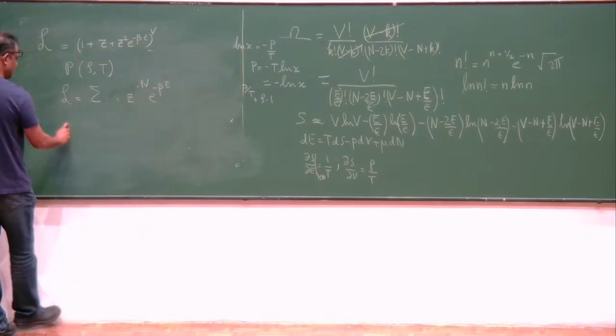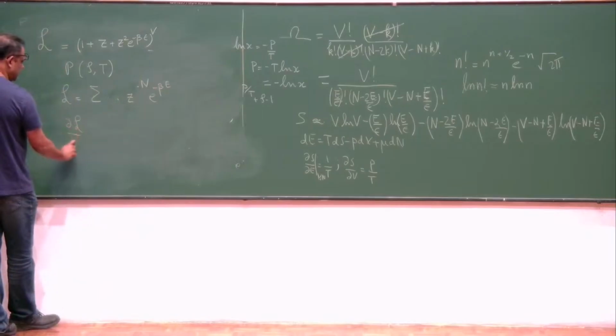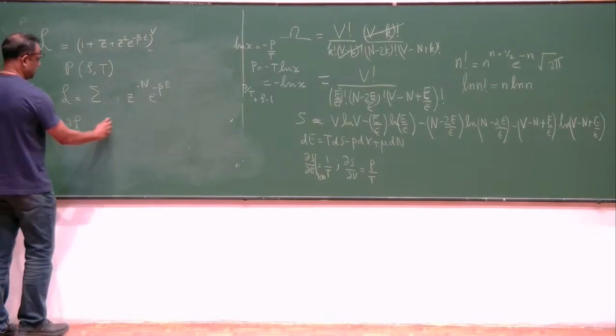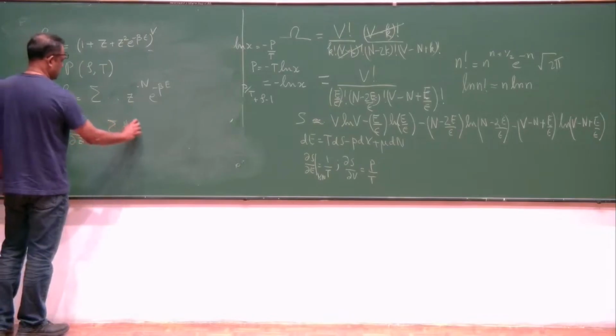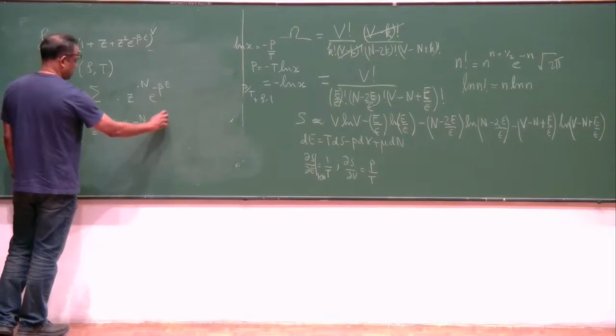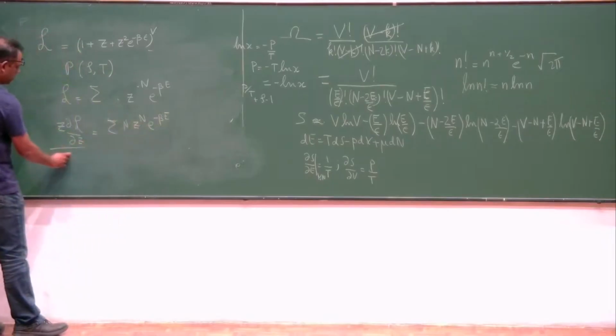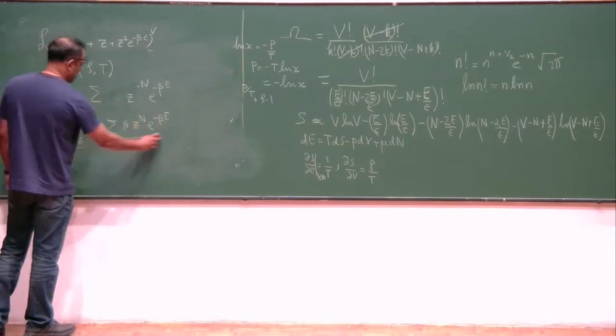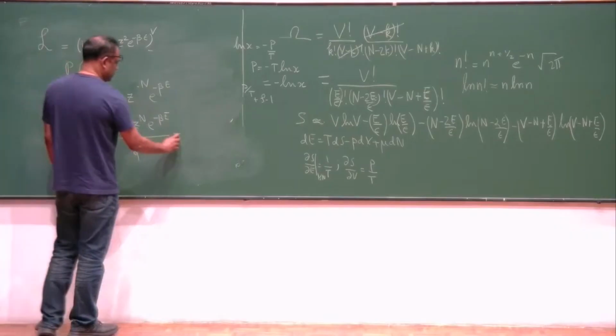So if I take del L by del Z times Z, I get summation n Z to the power n. If I divide by L, this becomes the expectation value of n.